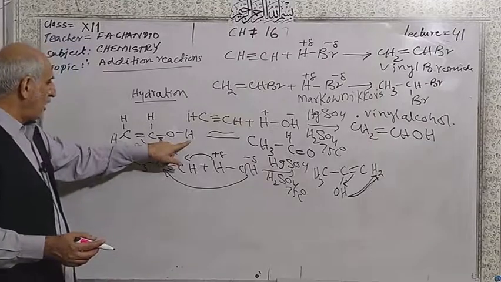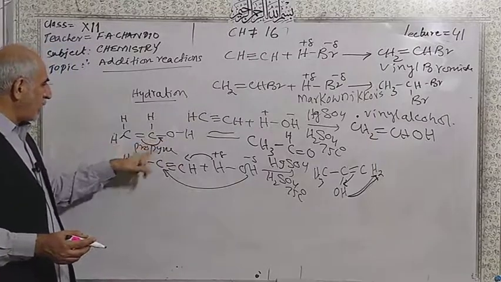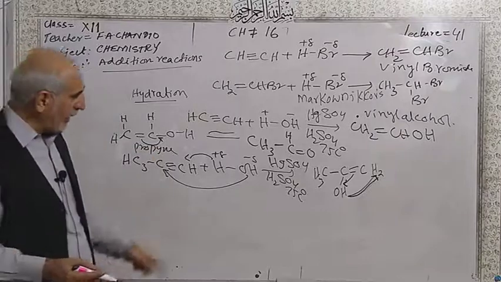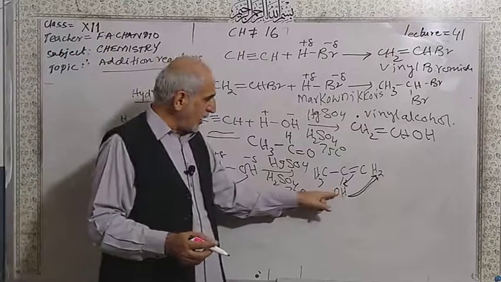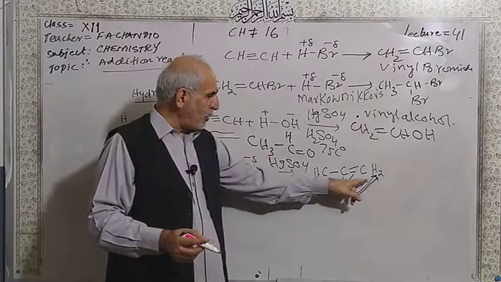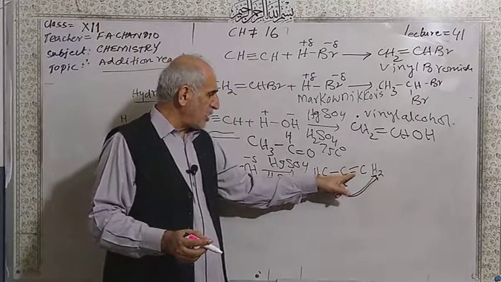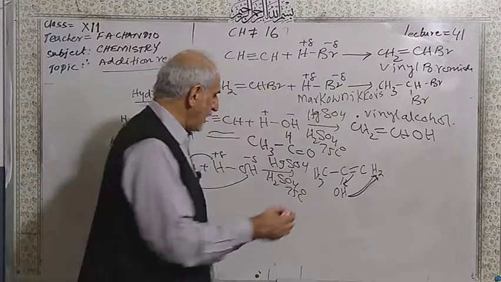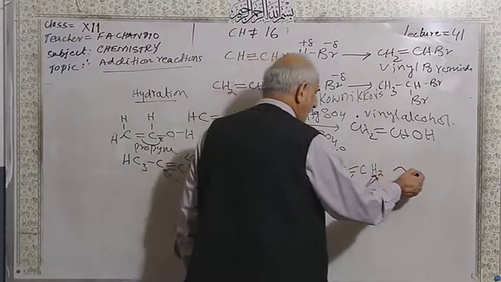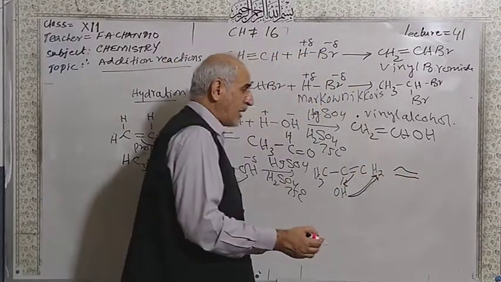Same is for this one. This hydrogen was attached to this carbon and you will get the aldehyde. In the same case, the hydrogen from the OH will attach to CH2 to make a CH3. This double bond vanishes and the pi bond shifts between carbon and oxygen. This is isomerization or rearrangement.